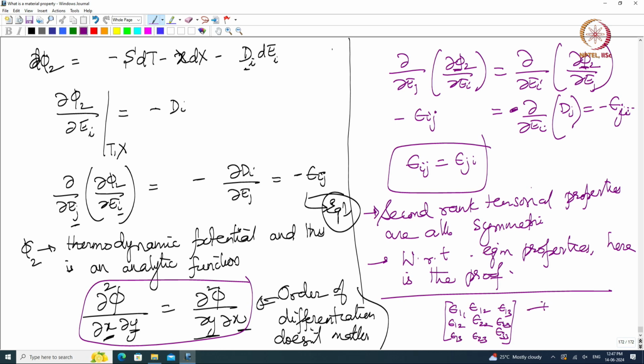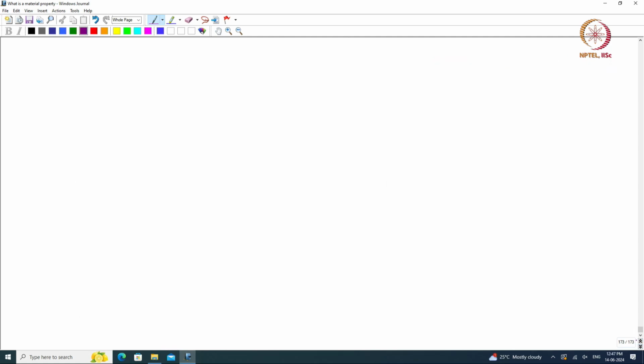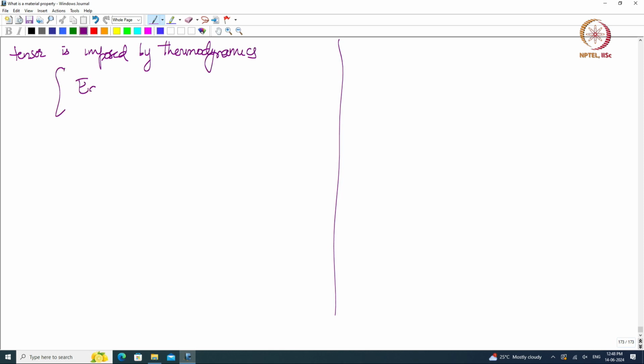So, symmetry in the second rank tensor is imposed by thermodynamics. Okay. This is valid for equilibrium properties.